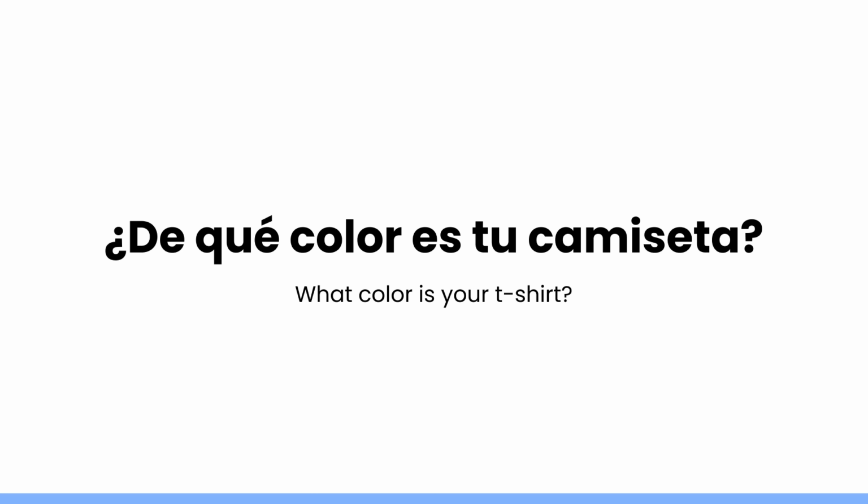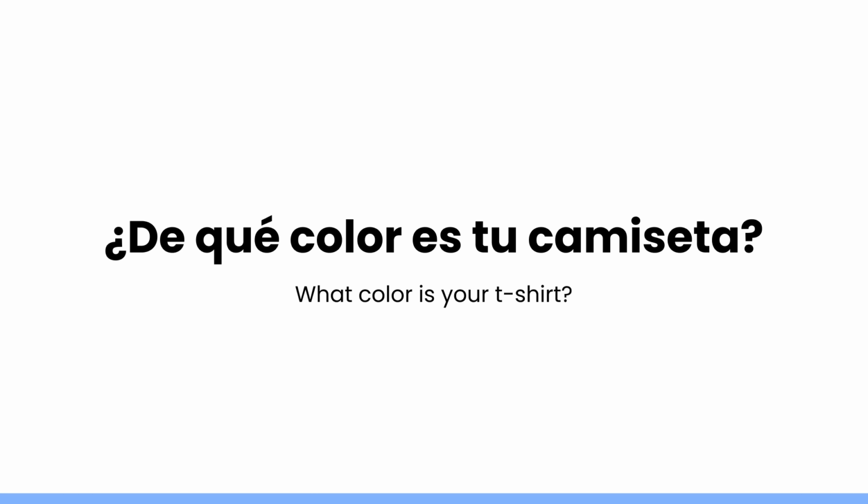Just for the sake of practicing a little bit, let's break this sentence down. The first part, de qué, means of what. De, of, qué, what, with the accent. Now, the next word, color, obviously is color. The word es means is. And tu is the Spanish word for your, which we haven't looked into yet. And camiseta is t-shirt.